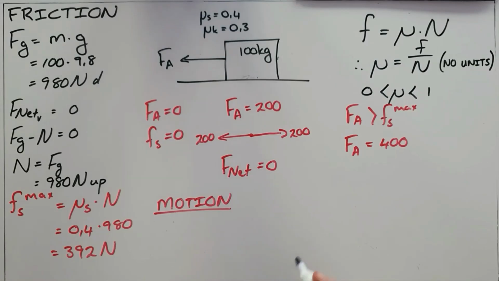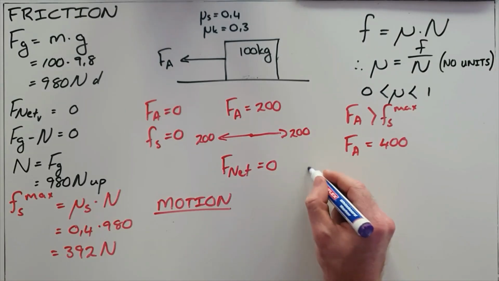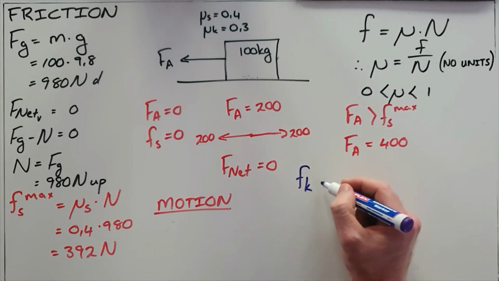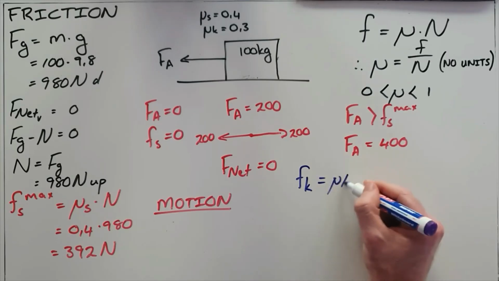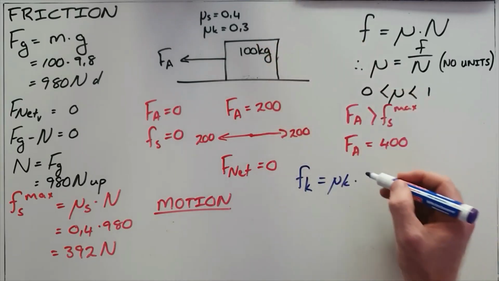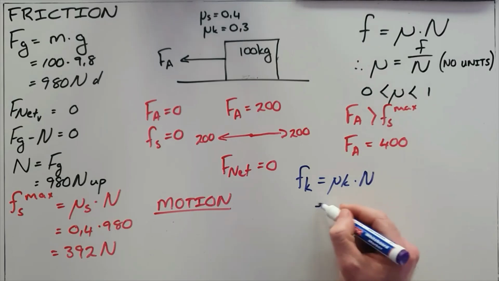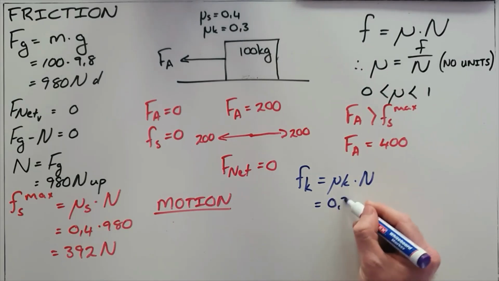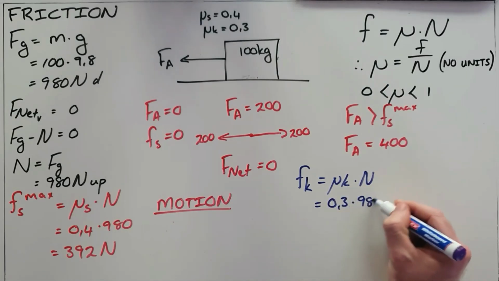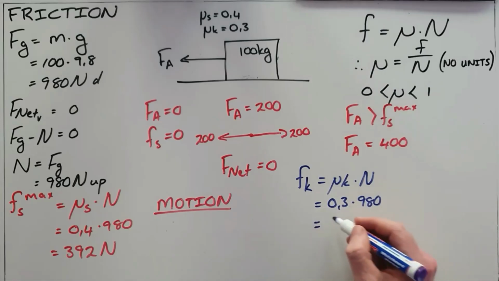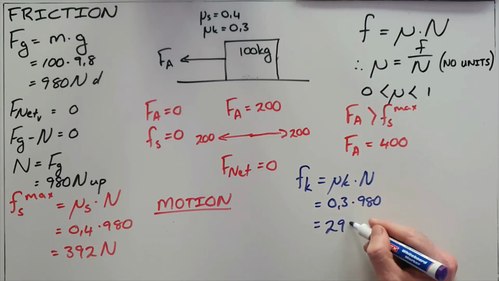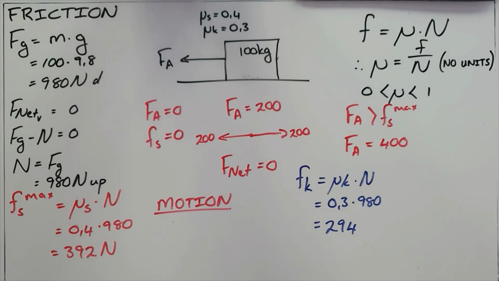So the only friction that now applies is known as kinetic friction, which can be calculated by taking the coefficient of kinetic friction, which is slightly less than that of static friction, which is 0.3 in this case, multiplied by the normal force of 980 to find that the kinetic friction is 294 newtons.